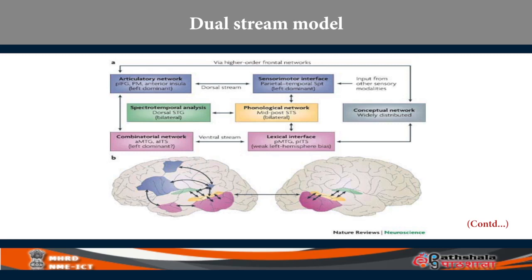In other words, remember the two questions we raised earlier, it looks like the kind of processing that you are involved in recruits different areas of the brain. It's not about the left hemisphere being dominant. So what is the dual stream model actually saying?